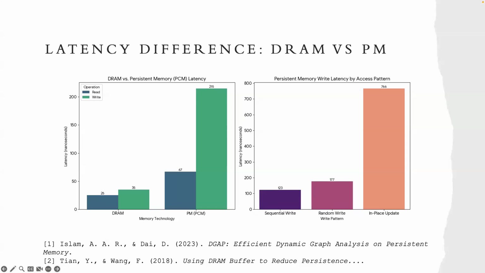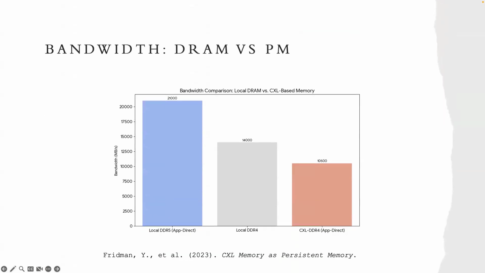Yeah. And then we have the bandwidth against the DRAM. So we can see the local DDR5 memories are significantly faster. And then we have DDR4 and a CXL based DDR4. Megabytes per second. Good.